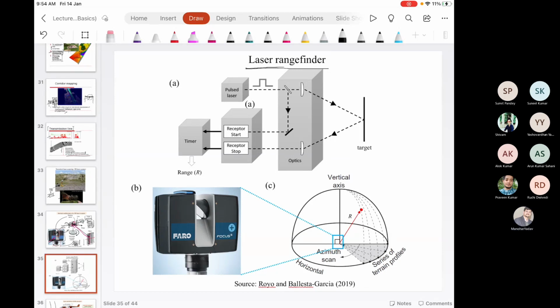So there is a laser source. That laser source generates, let's say, the laser beam. I'm considering here a pulse laser, and there is a mirror. It passes through it.